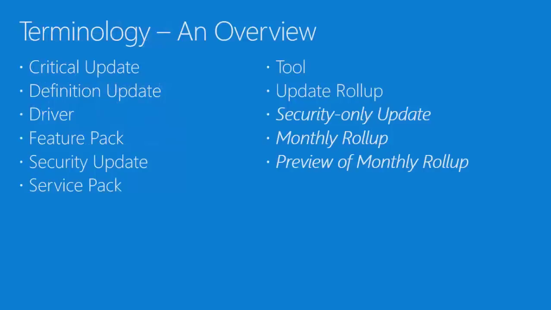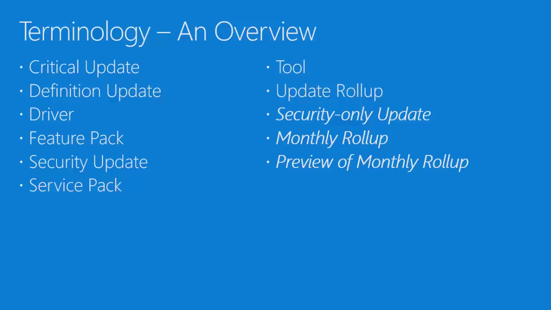As we get into this discussion, let's level set on some terminology. What you see are the various terms that have been used to describe types of updates for the various things that we will release. So let's walk through these. A critical update is a widely released fix that deals with a specific problem, addressing a critical non-security related bug.